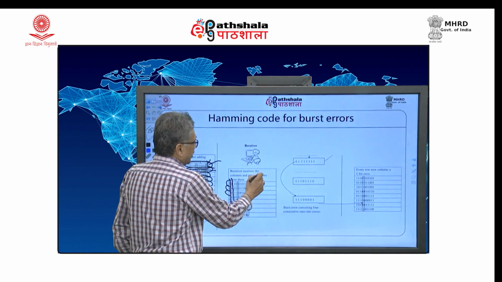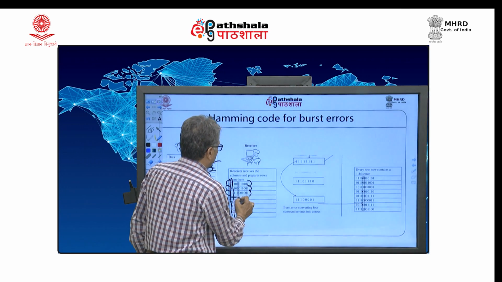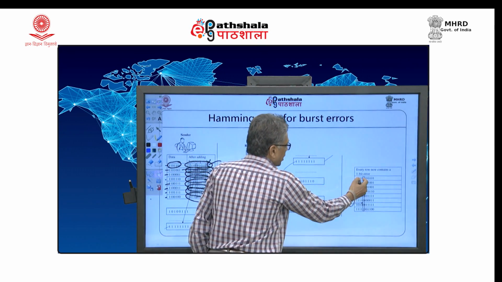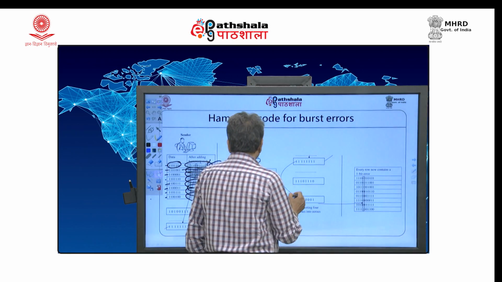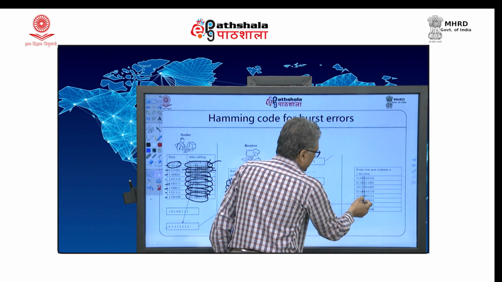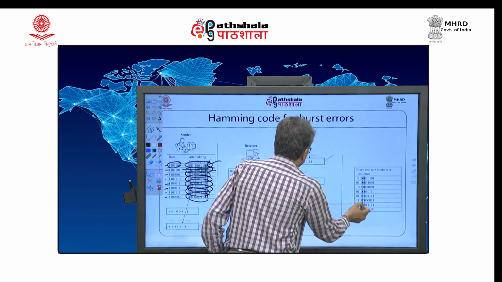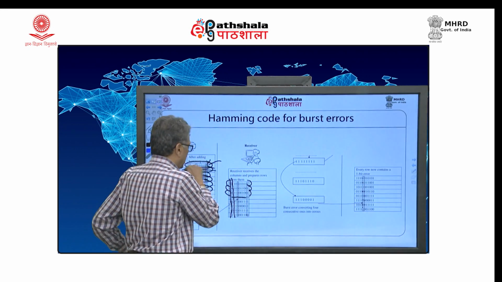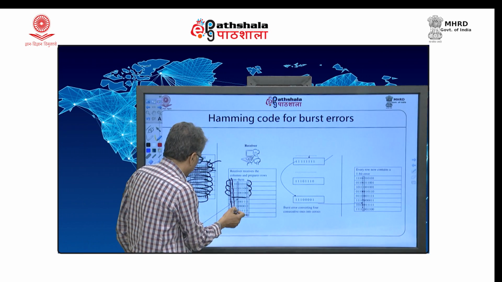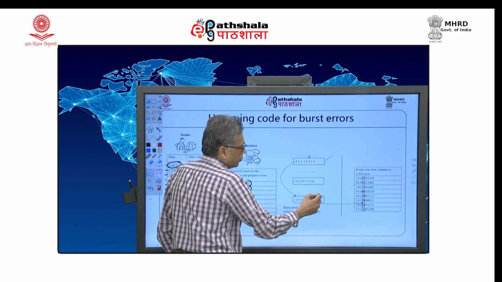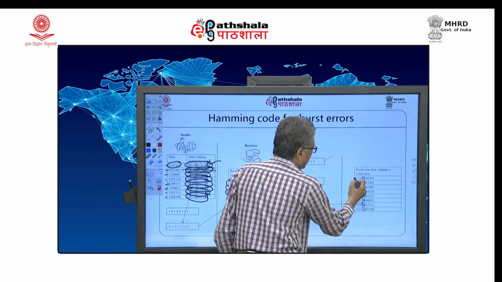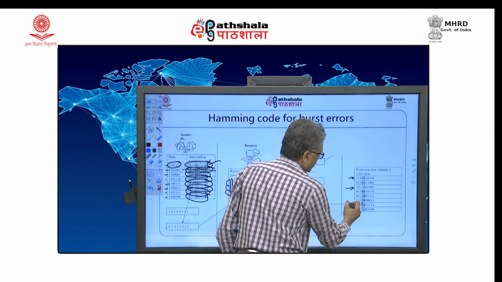If there is an error somewhere, suppose this particular byte has a burst error, the receiver is again adding them and looking at them. When these columns are sent and there are multiple errors, that error is reflected as a 1 bit error in multiple rows, wherever there is an error.